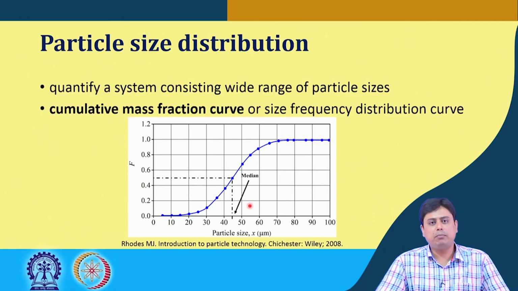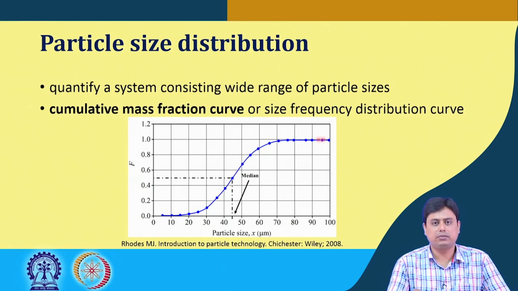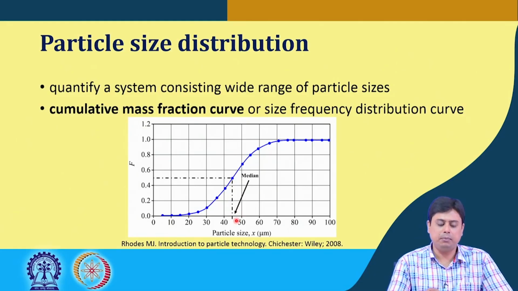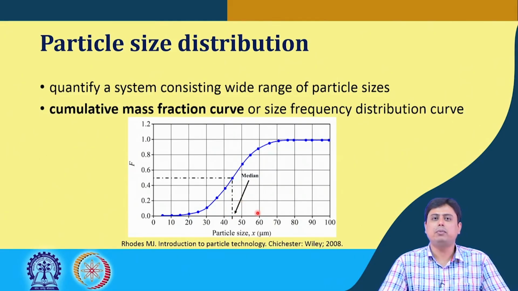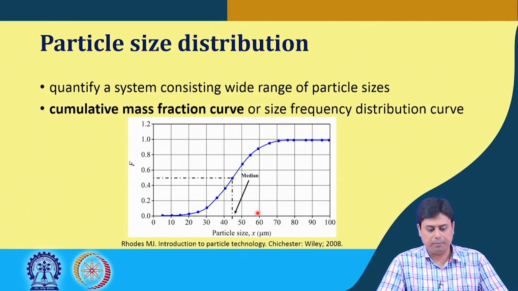So, if you have a sample with particle sizes up to 100 micron, you find the median, and the number by which you can designate this sample is around 44 or 45 micron. So this is a single number by which we can define the whole sample. This is one of the easiest examples.